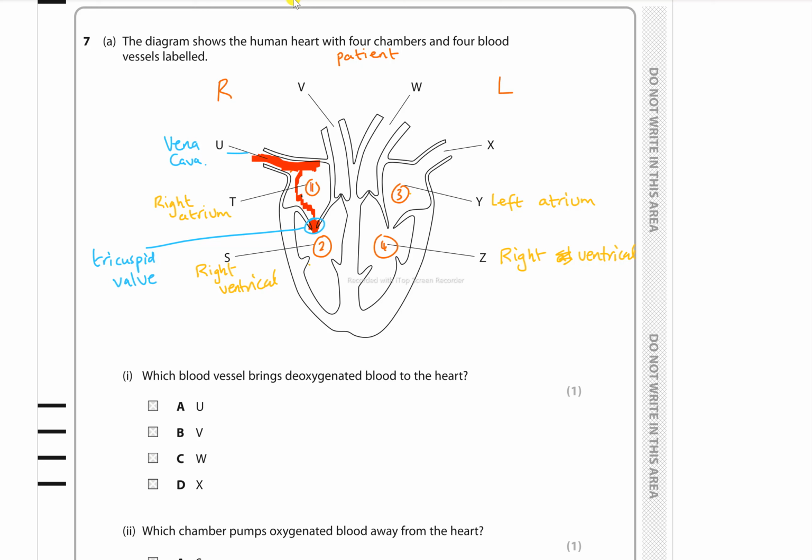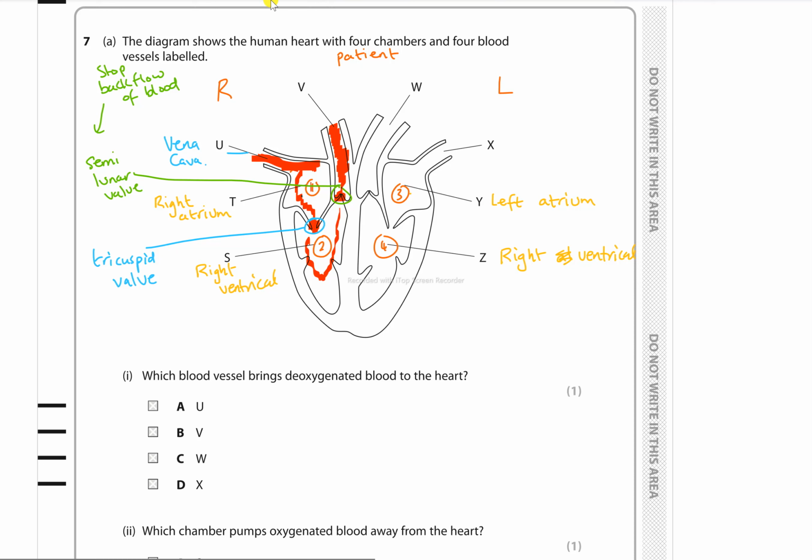The blood continues into the right ventricle, and then goes up here through the semilunar valve. They stop the backflow of blood. Let's continue the journey. It goes out of this, going to the lungs, pulmonary artery.